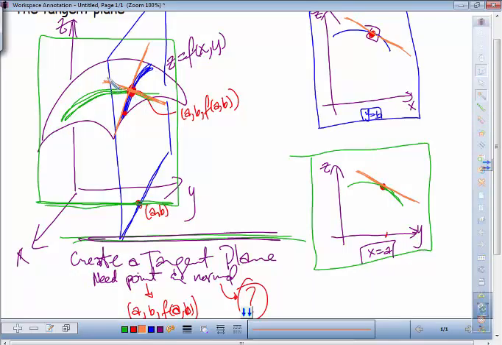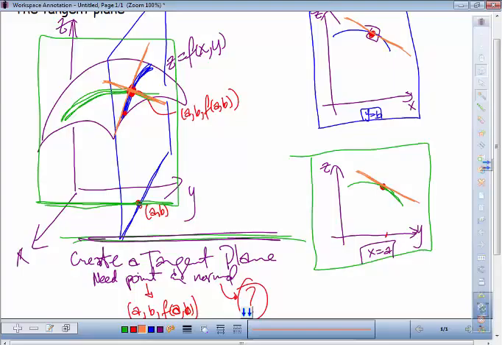Those two tangent lines, which happen to be tangent to this two-dimensional picture over here, can help us find our vectors. And these tangent lines will be on the tangent plane. We'll choose the one that goes along the x and the one that goes along the y, because we know a little bit more about them. Okay?